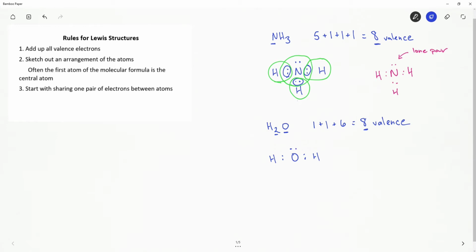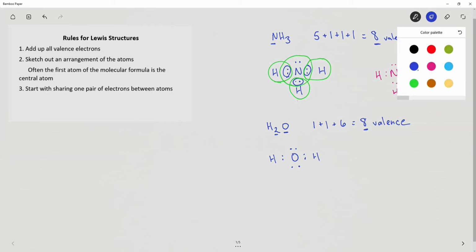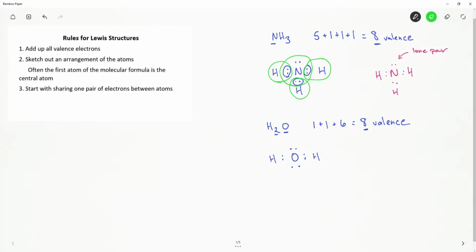5, 6, 7, 8. Okay, I think this is correct, but let's double check. Oxygen is here. Yes, it has 2, 4, 6, 8 valence electrons. It has a full outer shell. Hydrogen here with 2, yes, hydrogen satisfied.